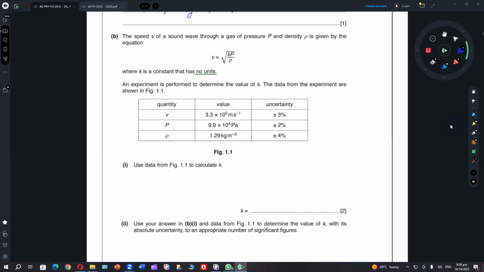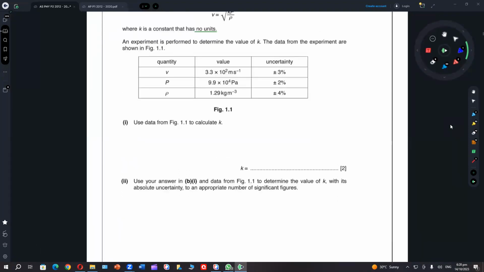Now, v is equal to the square root of Kp upon rho. Square on both sides. Yes.